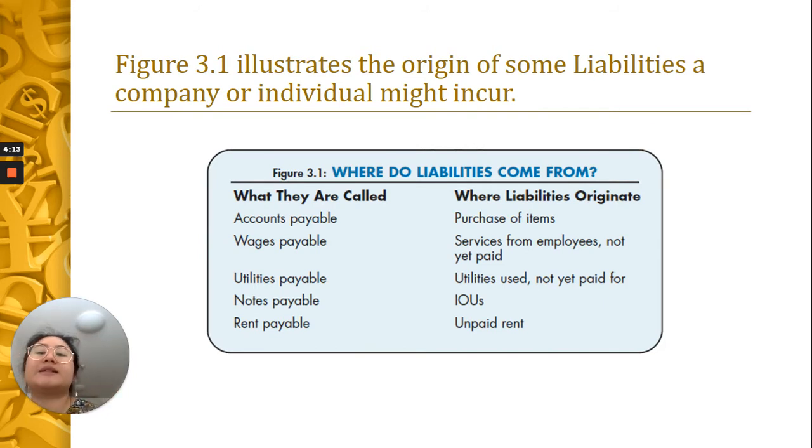The next one is notes payable, which is an IOU, so the liability originates from an IOU. And loans payable come from the unpaid loans that the company has. So these are the liabilities, what they are called and where they come from.